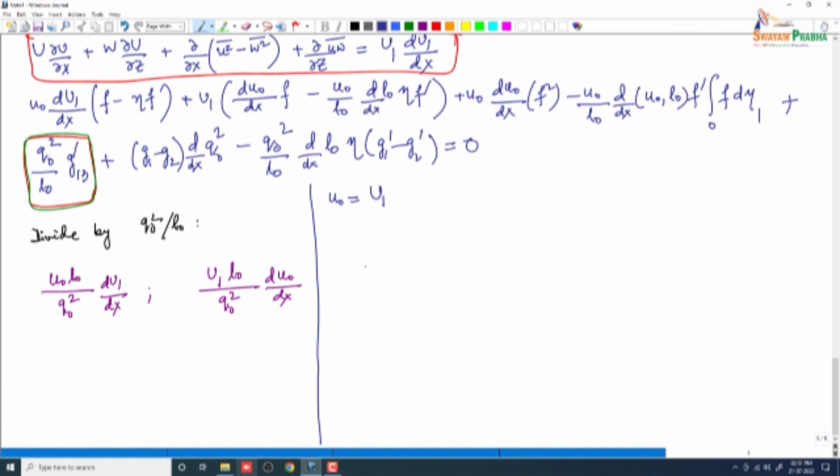Now, we will basically look at the specific cases. So for the case where U naught is essentially U1, which is constant, in that case dl naught dx is equal to constant. Such a flow is a mixing layer between two uniform flows, okay?